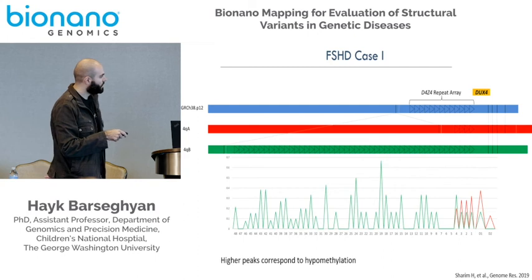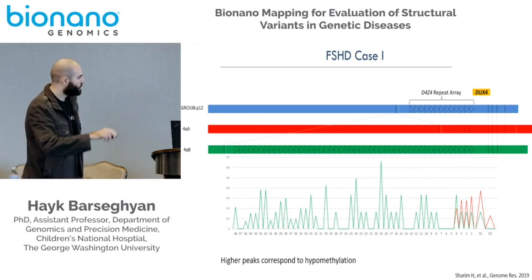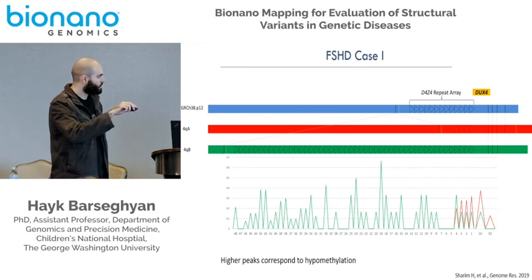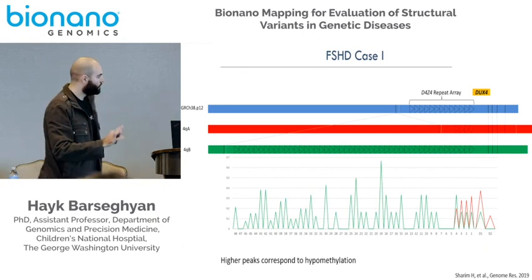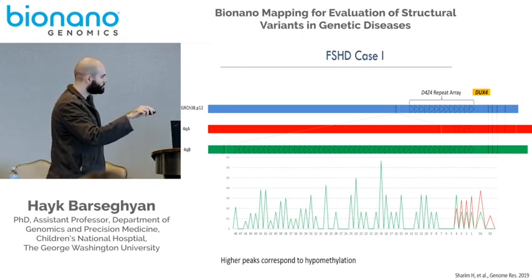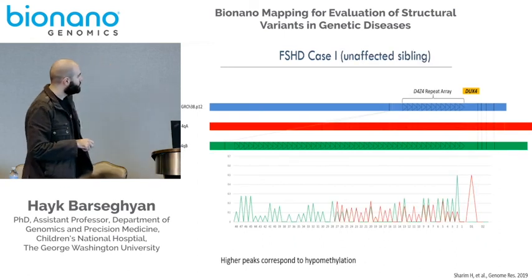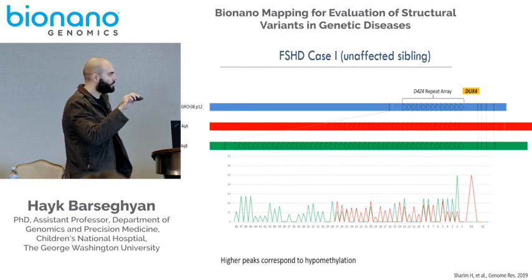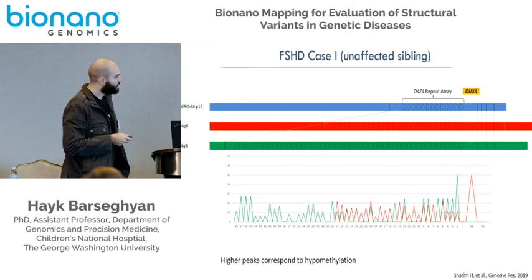The red peaks represent the short allele, the first 4 repeats and the DUX4 region, and the green peaks are for the longer allele and how much hypomethylation we see in all of those. For the short allele, the levels of hypomethylation are typically about 2-fold higher than the normal allele. When we looked at the unaffected sibling, this was not replicated because both alleles are normal and there's no contraction.